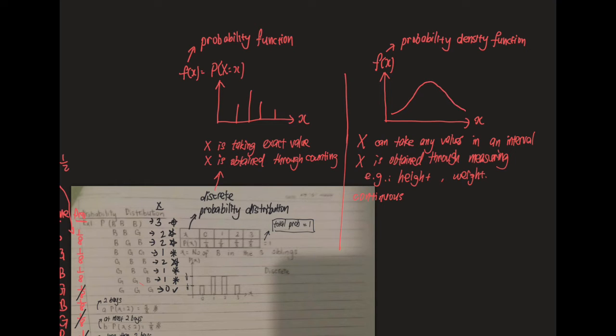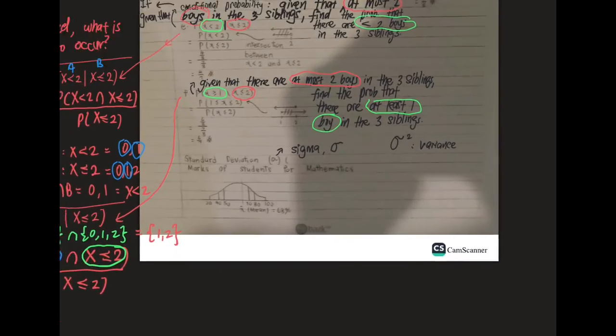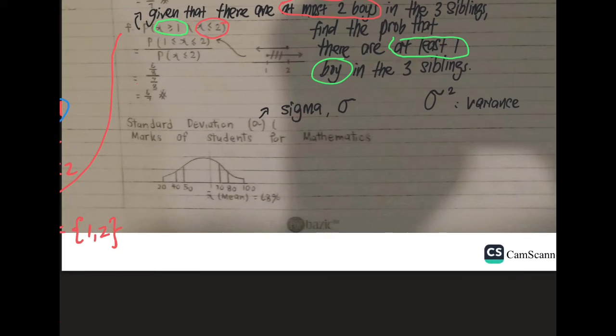Sometimes it looks like a bell-shaped graph, sometimes it can be any curve. So a curve of any shape in general. The bell-shaped graph is the most common one, showing that there are probabilities for all kinds of x values. So that is continuous. That's why when you see this graph, they are actually the start of continuous already.